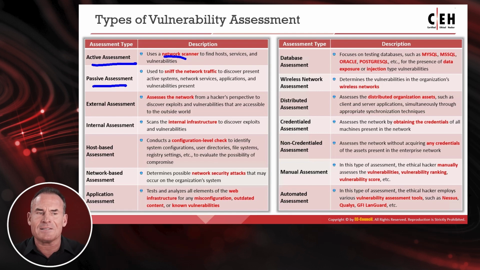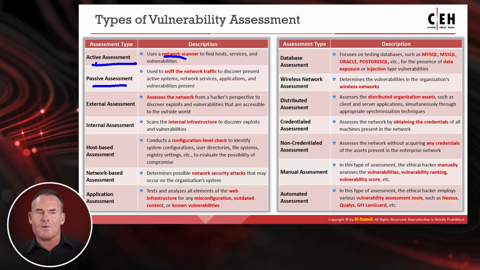If I don't care about getting detected, or I'm not worried about crashing servers and so forth, then I'm going to run active. Now, usually you're not too worried about crashing servers as long as you're not overly aggressive with your scans. But if you get into SCADA OT environments, where systems are considered a lot more fragile, you can actually drop servers with scans that are too aggressive.